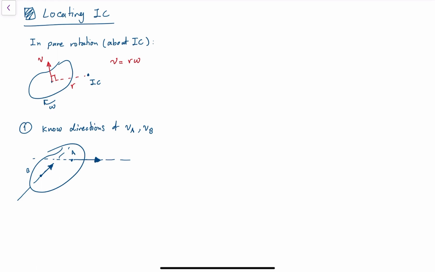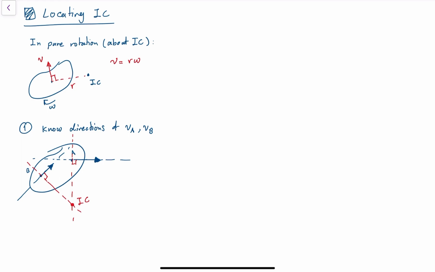Using the notion of perpendicularity, you can say the instantaneous center has to be along this line, because the velocity has to be perpendicular to this line, and also it has to be perpendicular to the other velocity, so it has to be along this line, and wherever they intersect, you have the instantaneous center.